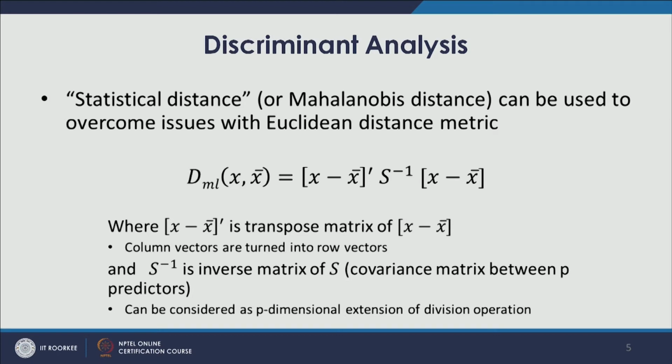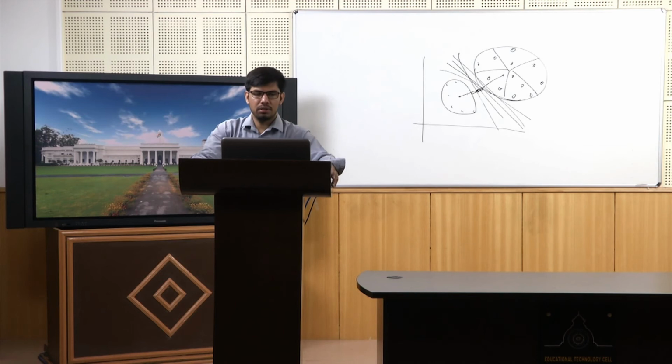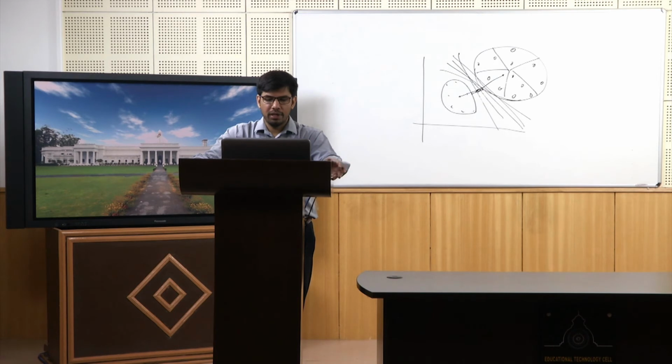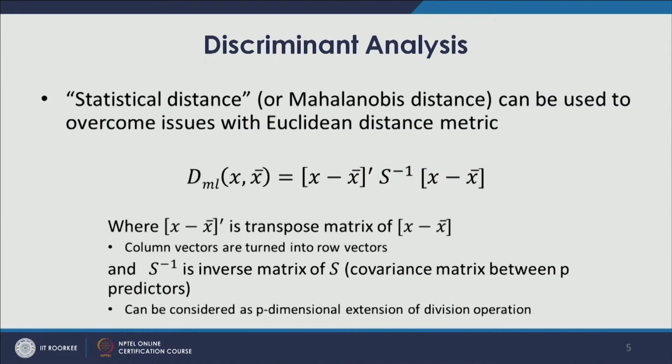So correlation, the other issue that was there with the Euclidean distance metric, is also overcome using this statistical distance. Correlation is accounted for using the covariance matrix, and since we are taking its inverse, scaling is also accounted for. Since we are taking the subtraction from the mean values, that is the centroid, scale dependence, variability and other things are also accounted for.